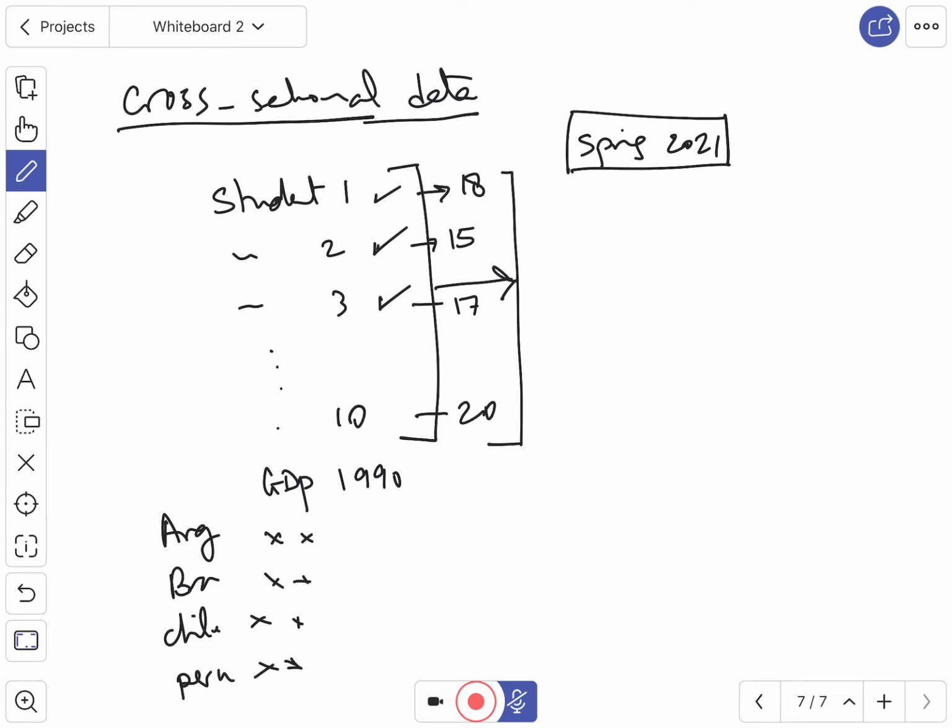So I'm looking at the GDP at a specific year, moving through cross sections, countries here and students there. This is cross-sectional data, where we fix the time and observe data of multiple entities at a single time period.